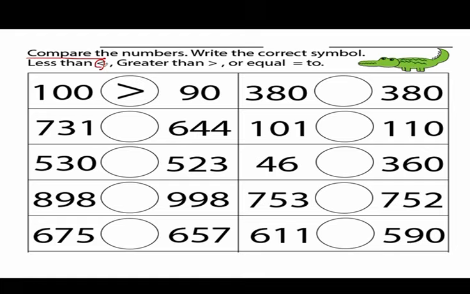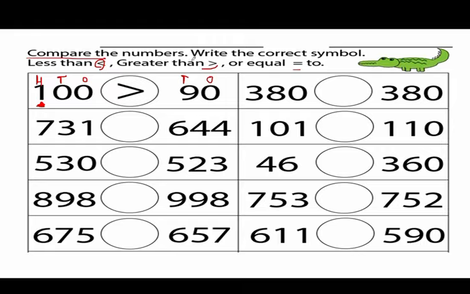Less than, greater than, equal to. Remember what we are going to use? Place value. Excellent. HTO. Who can tell me which number is the greater? Of course, the hundreds, right?